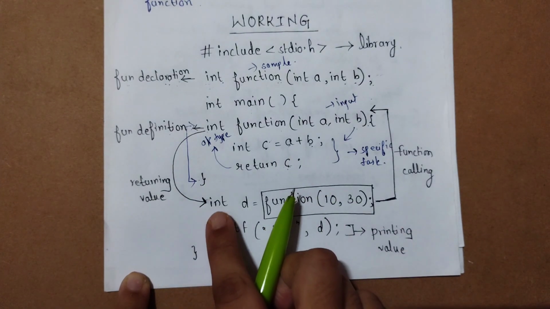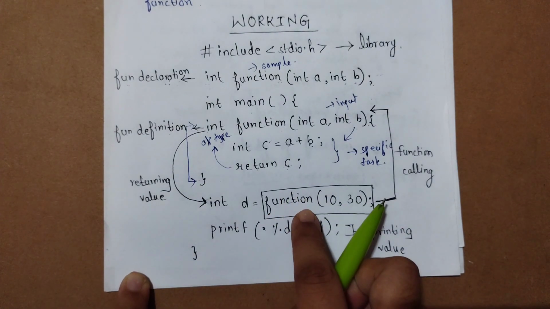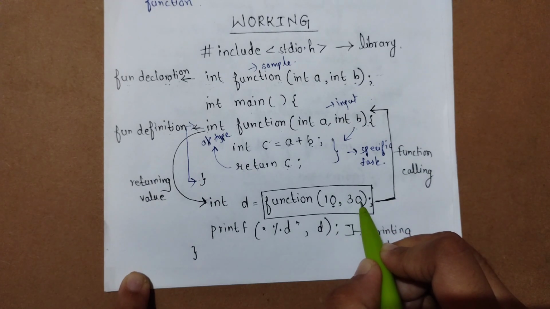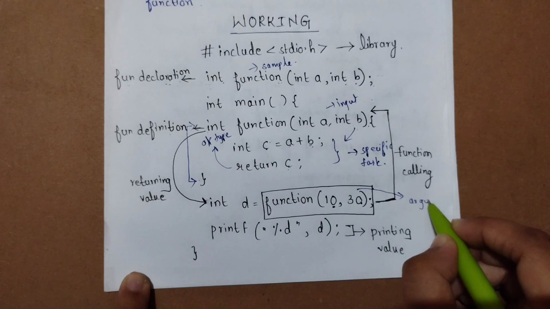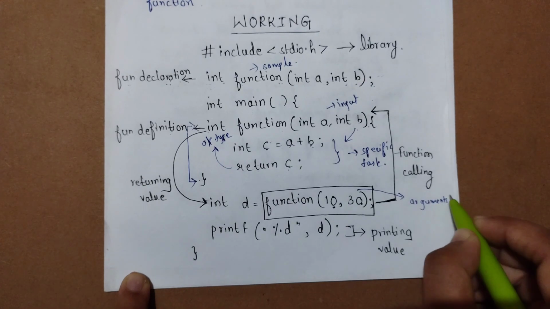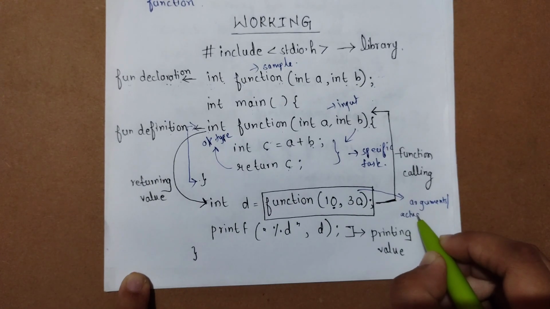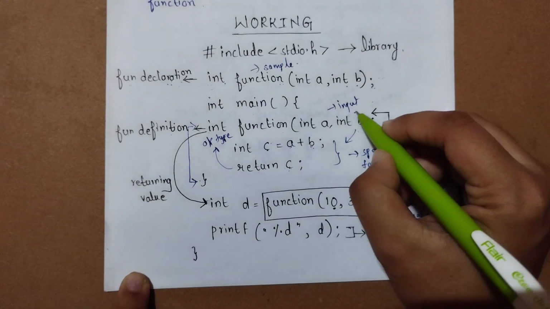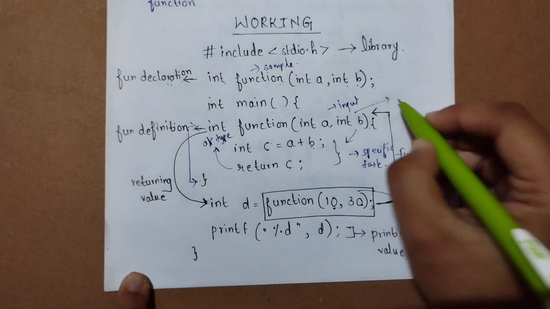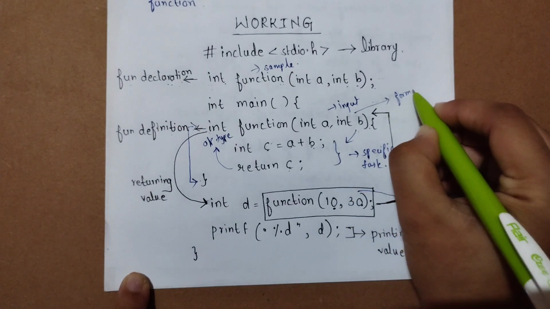So here we'll be writing int d equals function(10, 30). 10 comma 30 are our arguments or actual parameters as well, we can call actual parameters. Here this int a and int b are formal parameters.